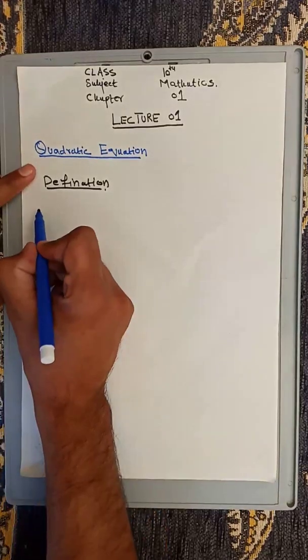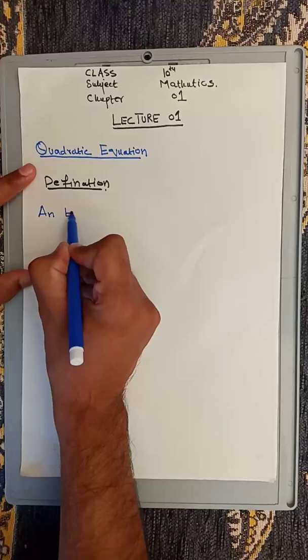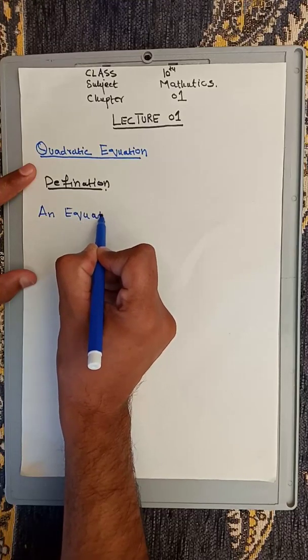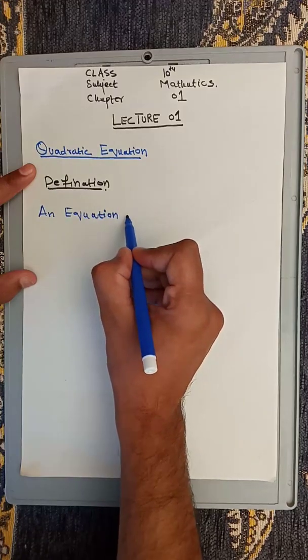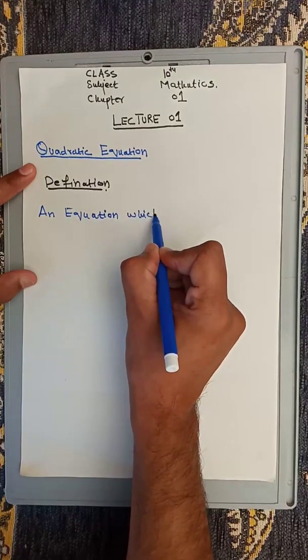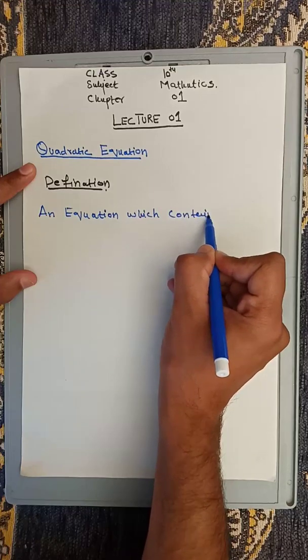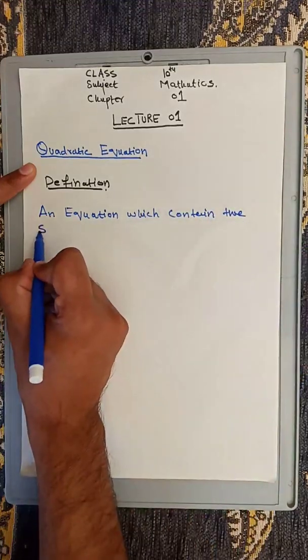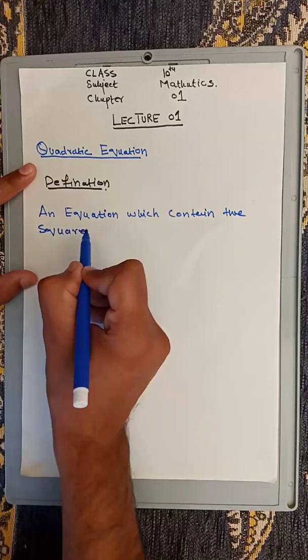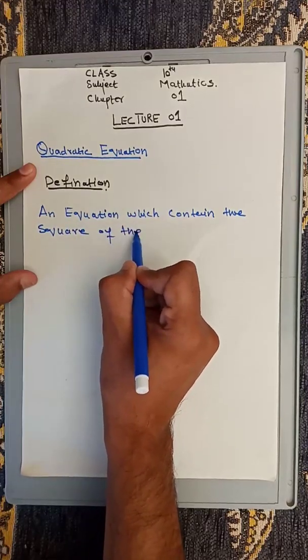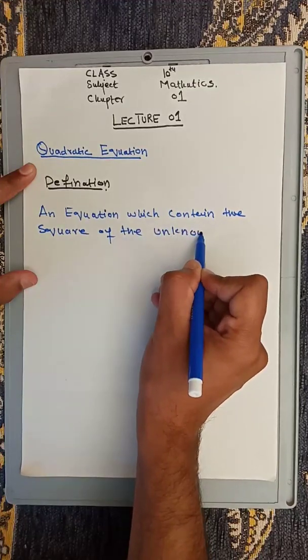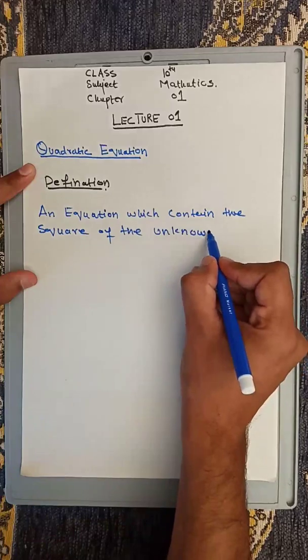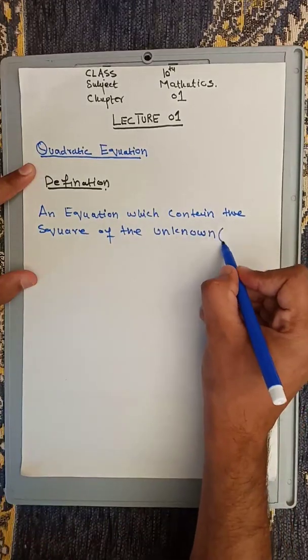Okay, so first of all we will start with the definition of the quadratic equation. So I write here definition of the quadratic equation. An equation which contains the square of the unknown, you can also call it variable.